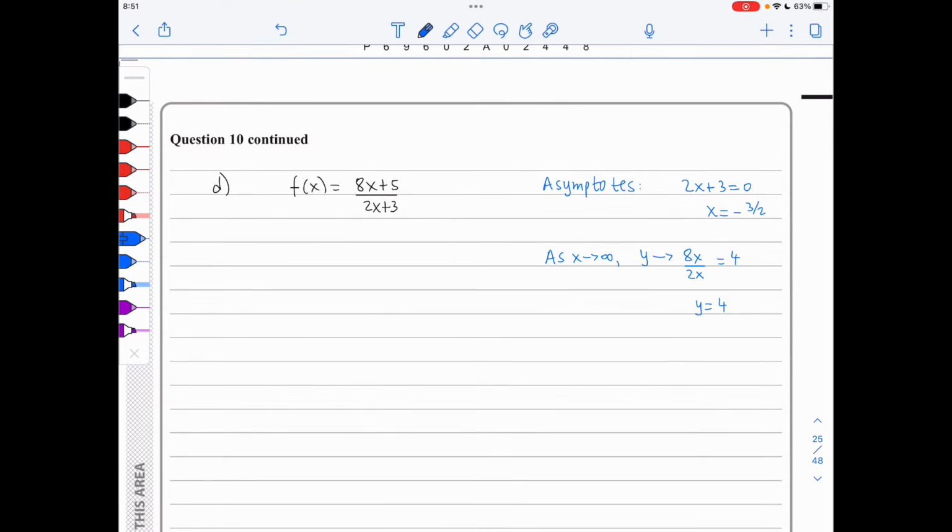In addition, when x is 0, we're looking for the cut on the y-axis. y is 5 over 3, and when y is 0, we've got 8x plus 5 is equal to 0, and therefore x is minus 5 over 8. So I've got enough information for me to draw f of x.